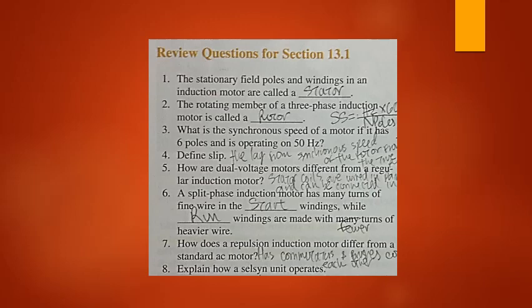In this case, we have 50 Hertz times 60 seconds divided by 6, which ultimately gives us 500. And 500 is the synchronous speed of that motor.